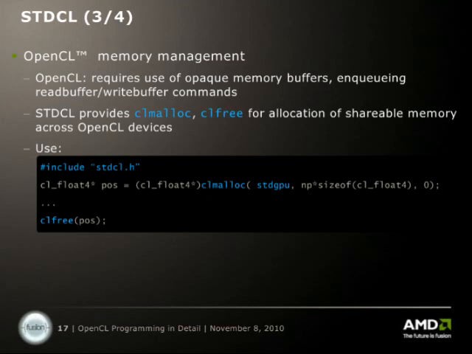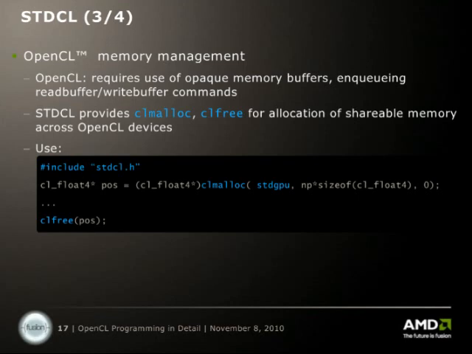As far as memory management, OpenCL requires the use of opaque memory buffers, and you have to enqueue read buffer and write buffer commands within the command queues in order to transfer data, which is a little bit different than what most C programmers are used to in terms of memory management. So standard CL provides clmalloc, which essentially allocates memory using a semantic very similar to malloc, except that the memory that's allocated is actually shareable across OpenCL devices.